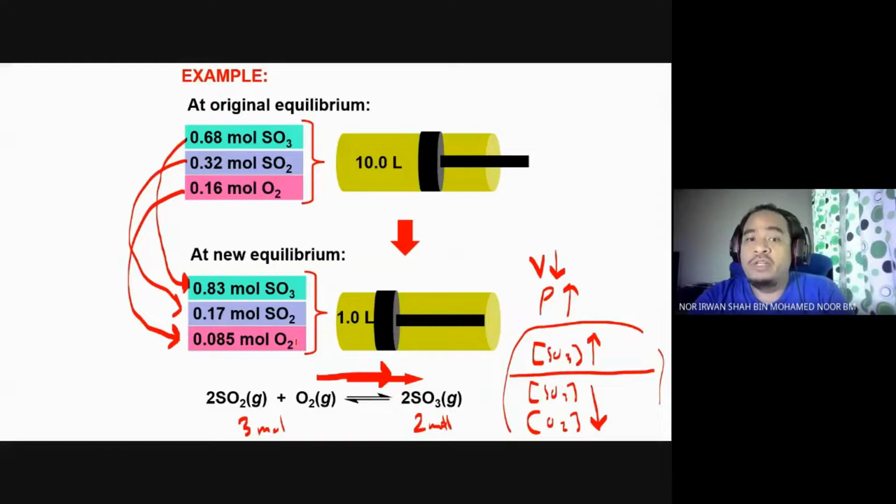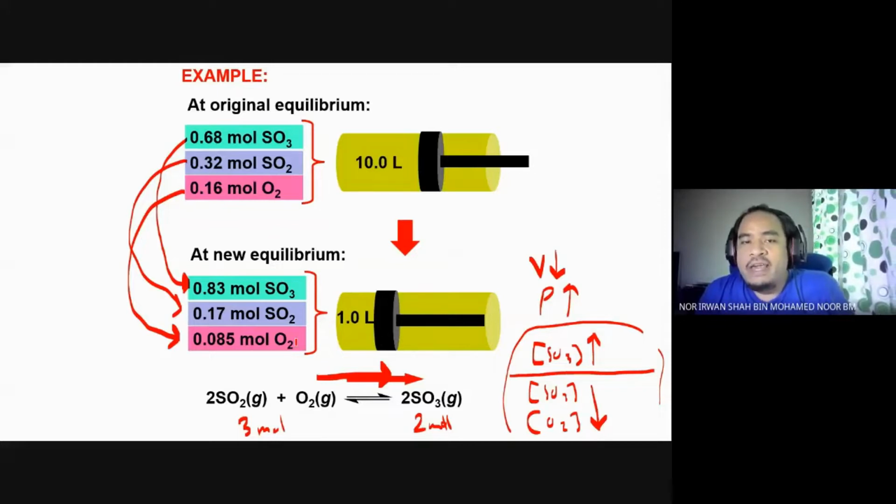What happened to SO2 and oxygen, sulfur dioxide and oxygen gases? Both of these gases decreased at the new equilibrium. And what happened to sulfur trioxide, SO3?